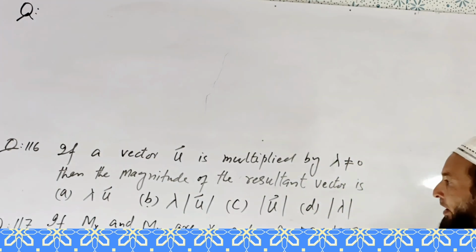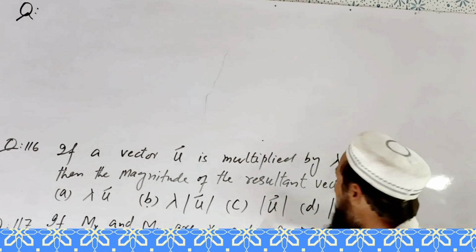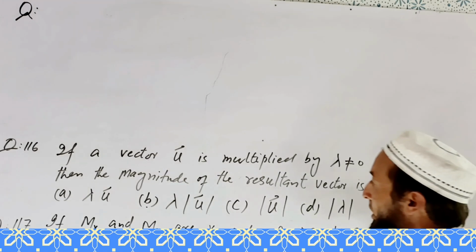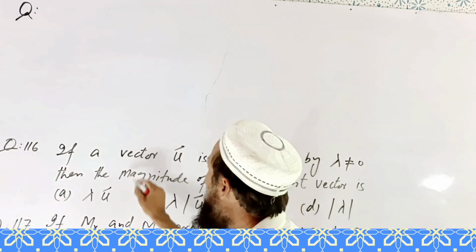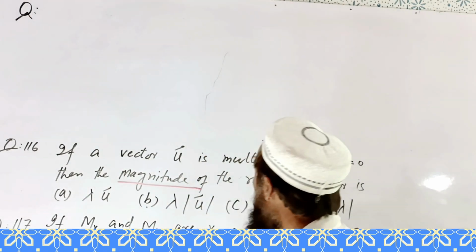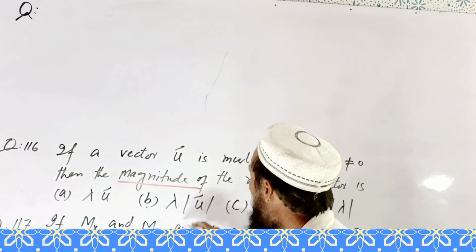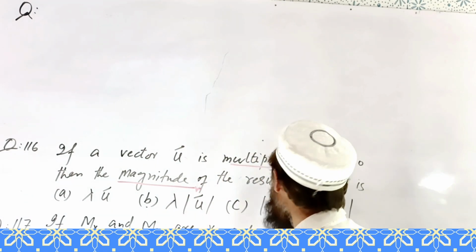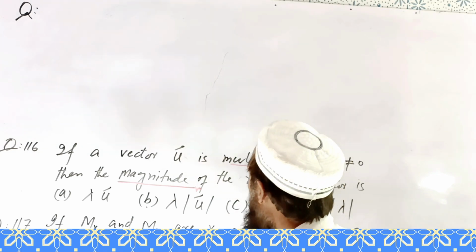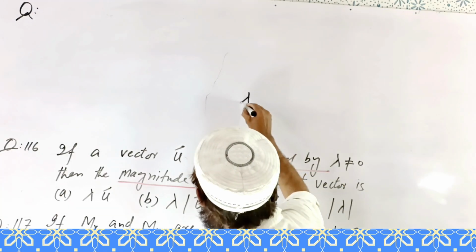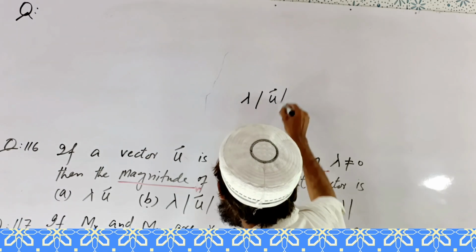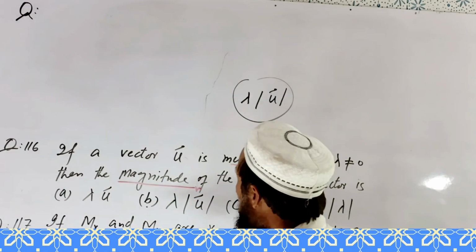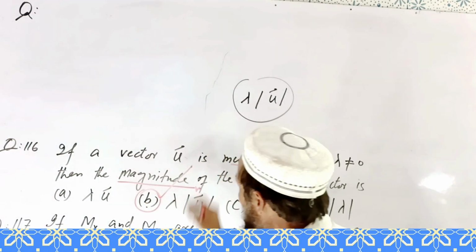If this is a positive constant value greater than 0, the magnitude of the resultant vector is lambda multiplied by the magnitude of the given vector u. So the correct option is D.